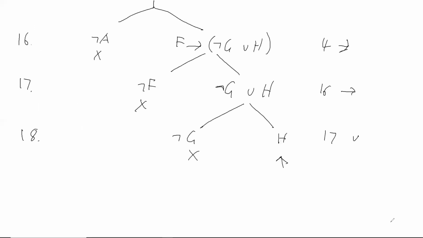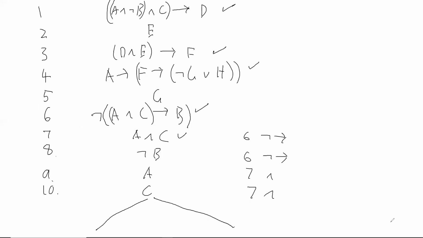All right, so we have A and not B and C implies D. To do a partial truth table for this, we assign A as 1, B as 0, C as 1, D as 1. And then we use the characteristic truth tables for these connectives to evaluate the overall formula.